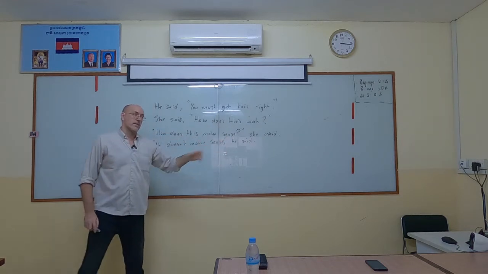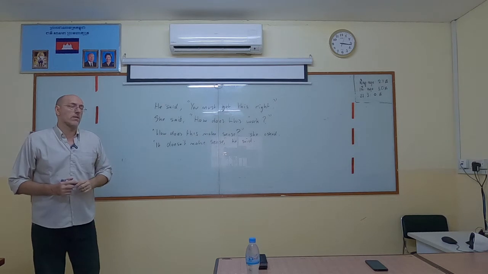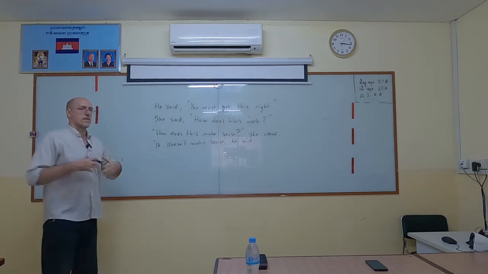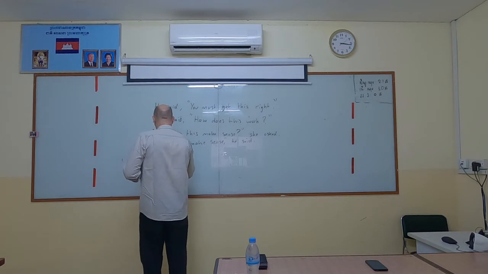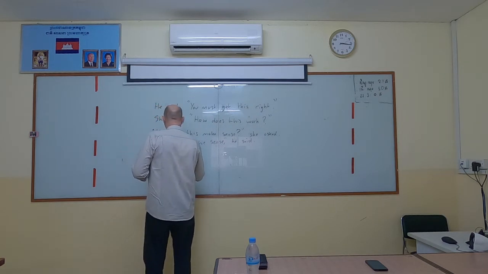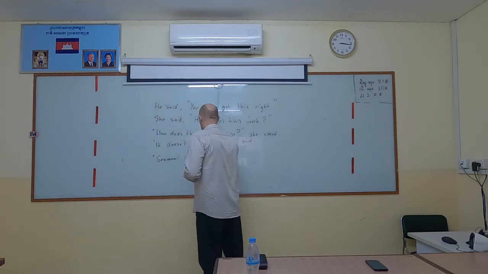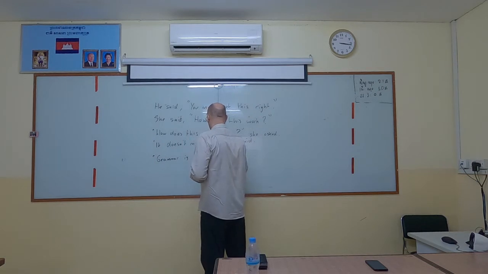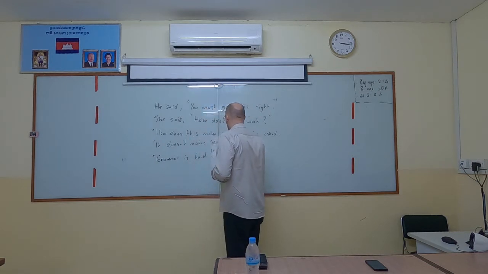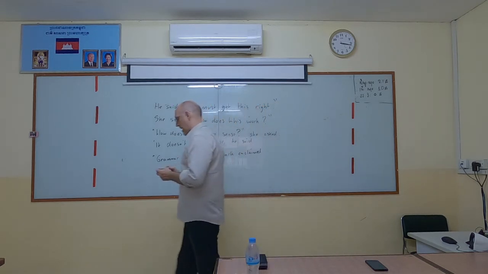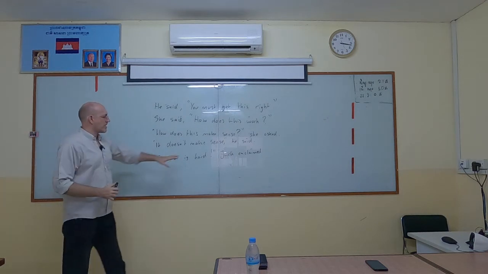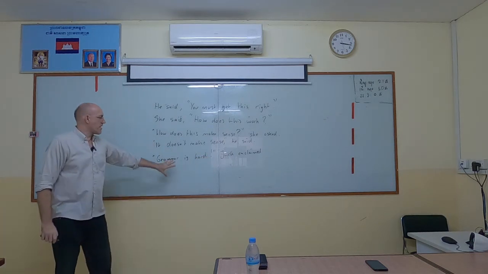Okay? The other exception would be an exclamation mark. Now an exclamation mark tells us that we've said something extraordinary. Grammar is hard, Jack exclaimed. Grammar is hard. Because it's an exclamation mark, it tells us that this was exclaimed.